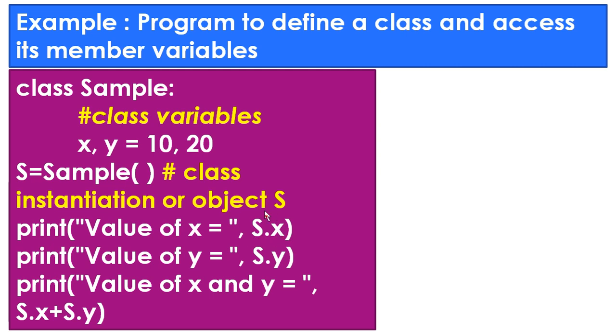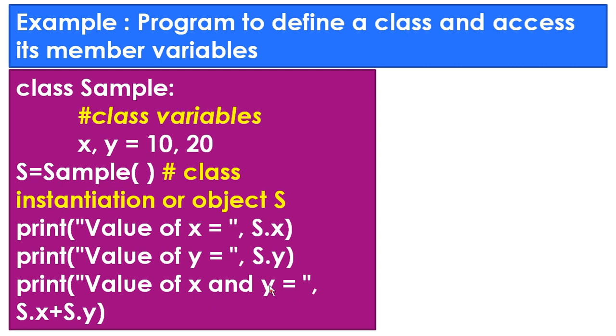This program illustrates accessing a member variable, that is s dot x. Here s is the object name, dot is the dot operator, x is the member variable, that is the class variable. Another variable is y, which is accessed by s dot y, the class variable that contains 20.